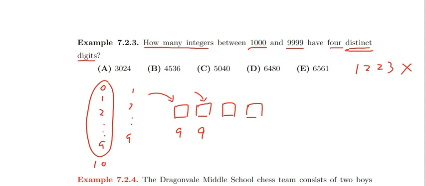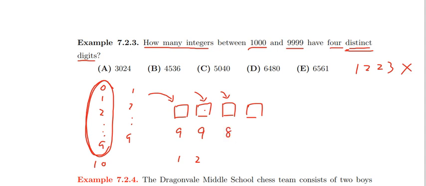Okay, so then how about the third one? For the third one, we still have 10 choices, but it cannot be the same as those previous 2. If the first one is 1 and the second one is 2, then for the third one we have only 8 cases.